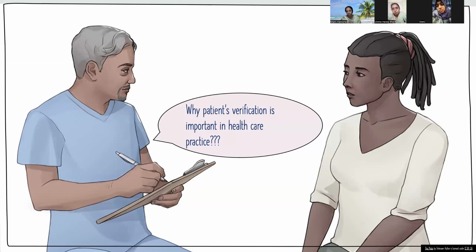If you are doing a blood test, and one patient is A positive and another is O negative or something, what will be the result? Just imagine that. So it's very important for us to verify patients correctly before collecting the samples.